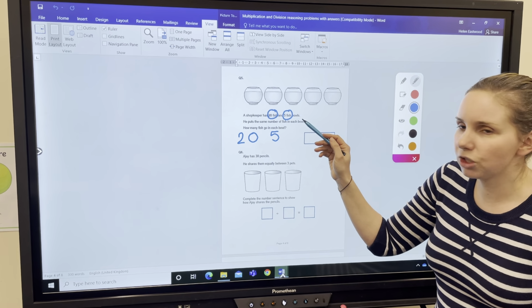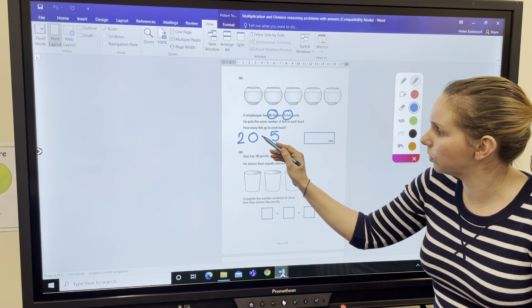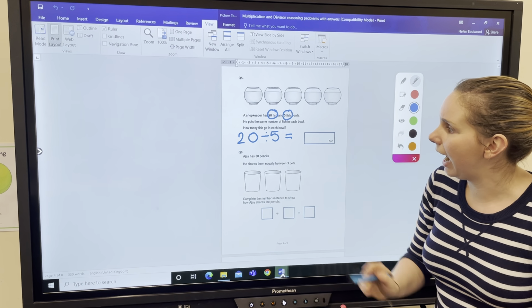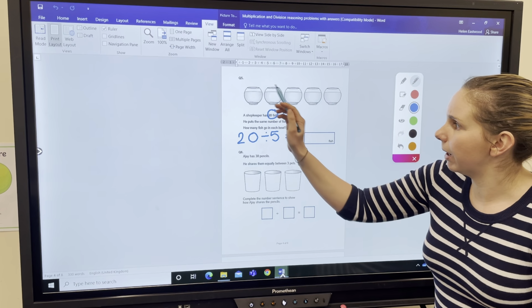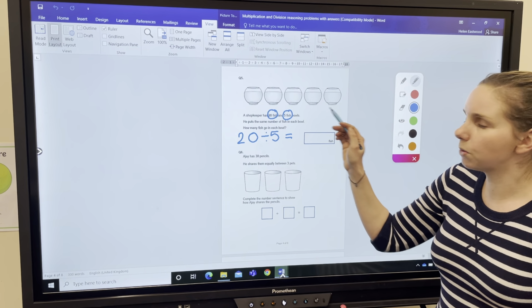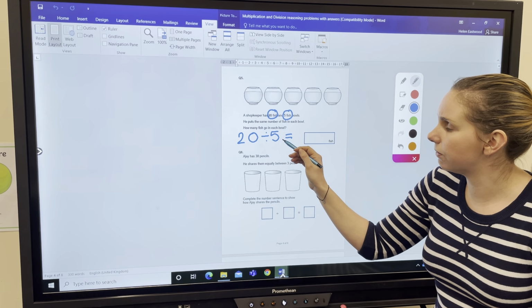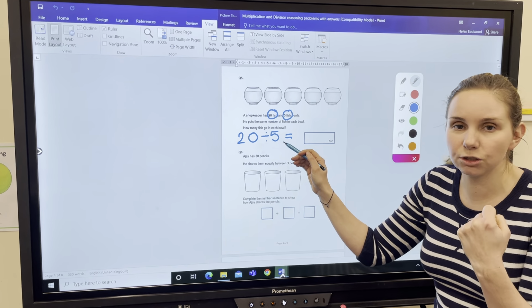Okay, so he shares the 20 fish into the 5 bowls. 20 divided by 5 equals. How many fish go in each bowl? Now, you might draw your pictures, you might share your 20 out, that's fine. Now, 20 shared into 5. So I'm going to count in 5s until I get to 20.